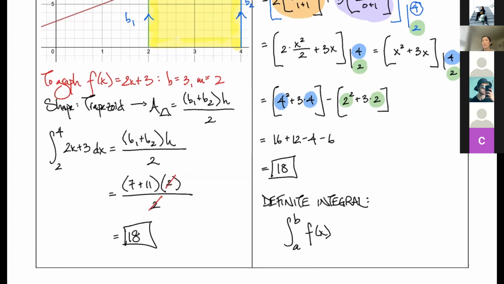And what am I missing from my notation here? We're missing the dx.